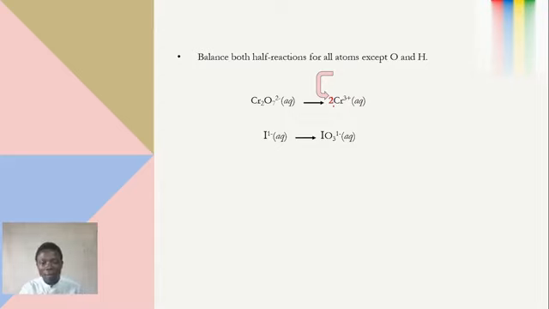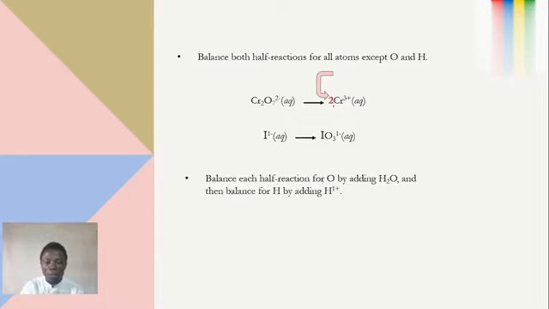The iodine is balanced. So let's move on. After that, you are now going to balance each half reaction by adding water to where there is oxygen, and then hydrogen ions to where we have other elements, or charge. Are we together?